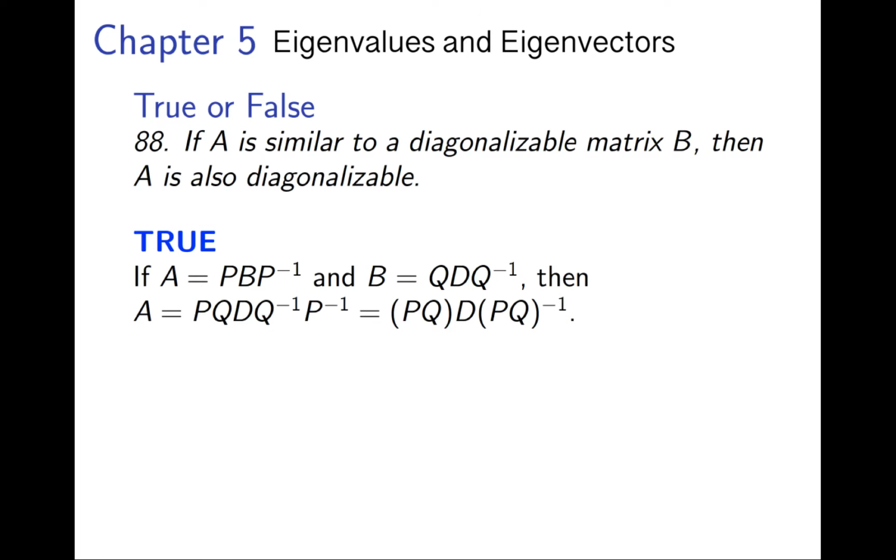Well, then we can replace B with QDQ inverse, and we get A is equal to PQ D Q inverse P inverse. So A is equal to the matrix PQ times the diagonal matrix D times (PQ) inverse. So A is also diagonalizable since it's similar to a diagonal matrix.